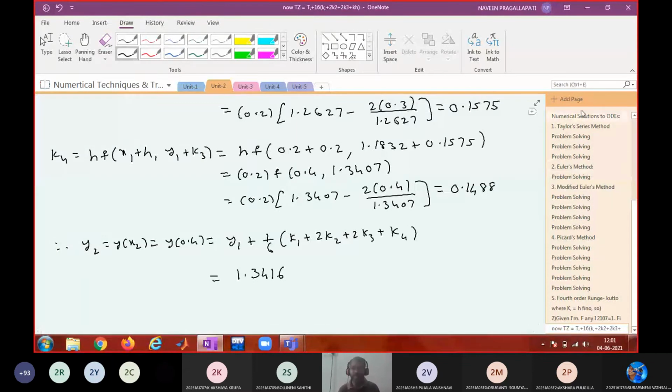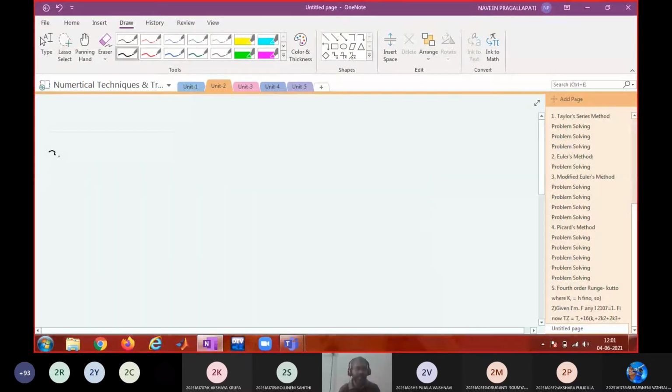Yes, sir. So problem number 3, given dy by dx equal to (y square minus x square) by (y square plus x square). See the complexity, with y of 0 equal to 1.